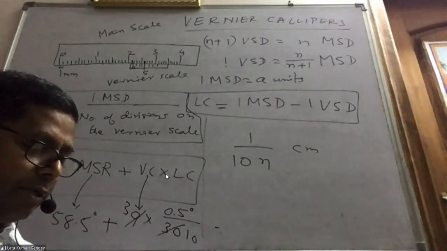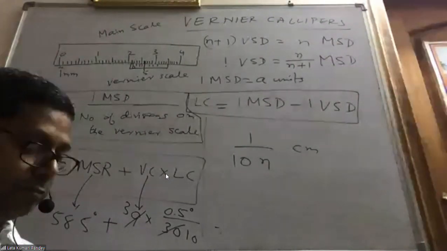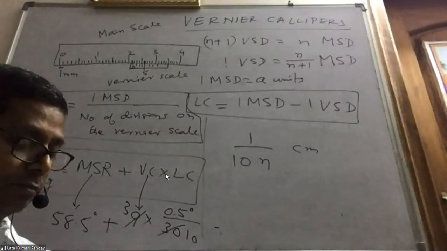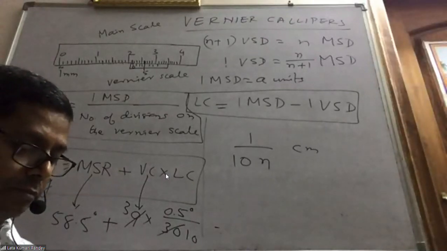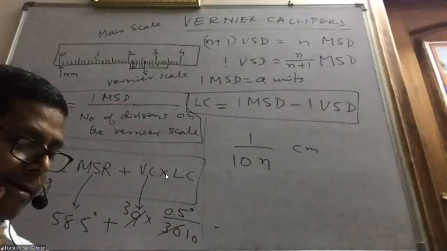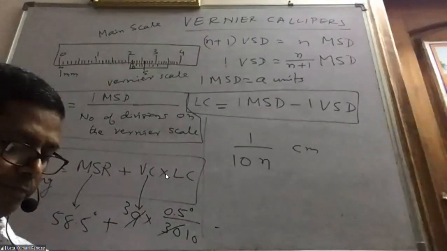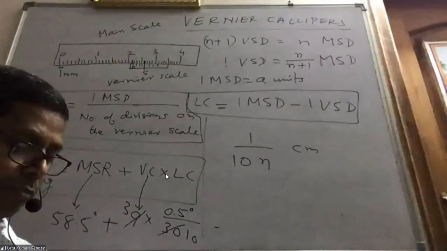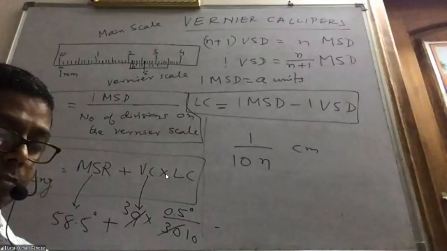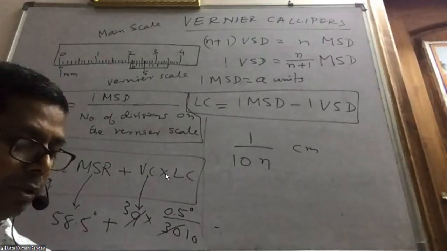Uday Kiran, right answer. Ramani, right answer. Harshita, the least count is x by n, not x by 10n.